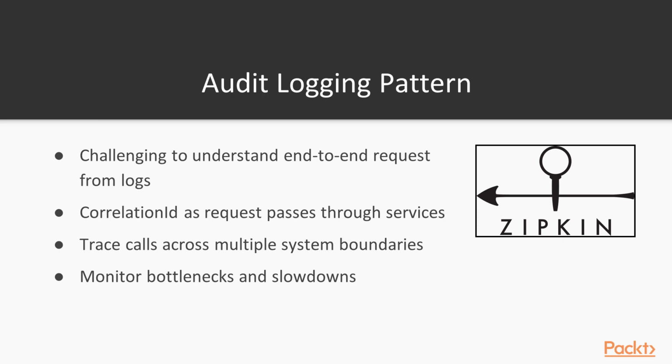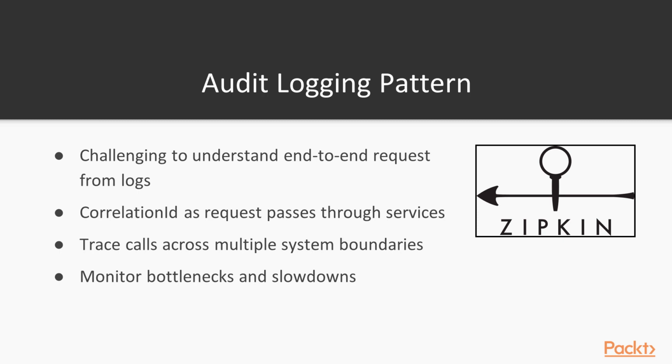And again, everything is connected using what's known as a correlation ID, which is an ID that essentially is passed throughout the full request. This is something that you can trace across multiple boundaries, and it helps you monitor bottlenecks and slowdowns within your request.